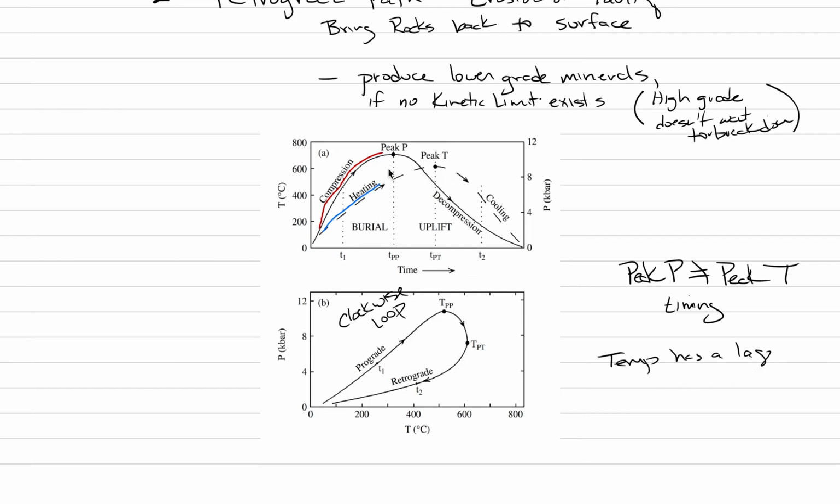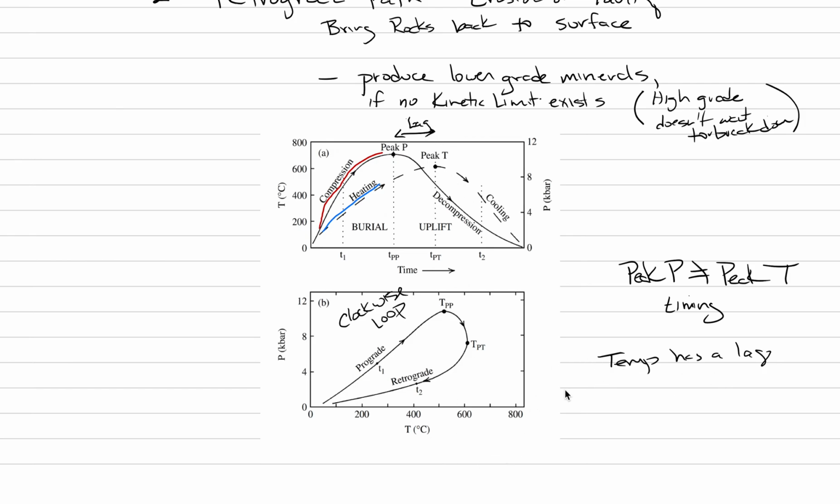The rocks, when they get to a certain pressure, have to feel the depth immediately. There's no lag with the lithostatic gradient, but they have to heat up, and they heat up slowly, much more slowly than pressure, so we get this lag to occur.